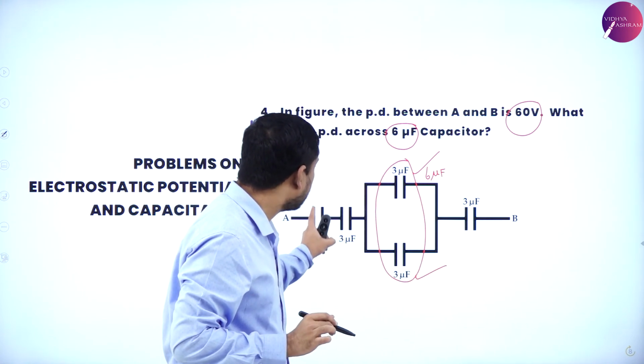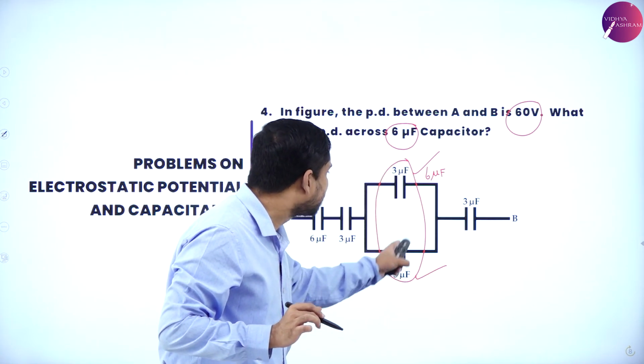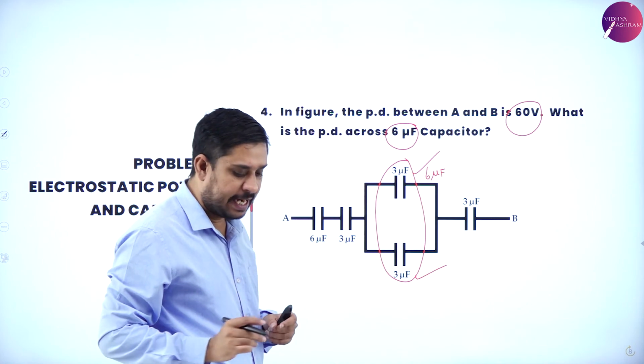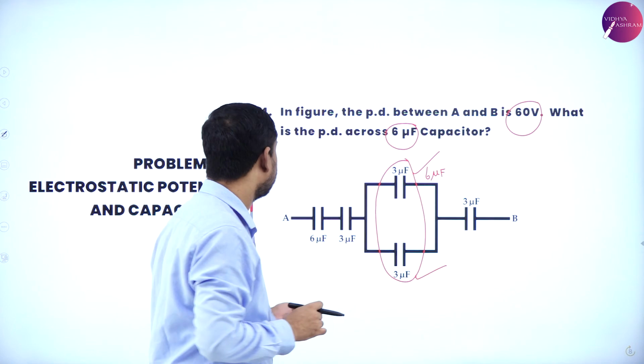So 6 microfarad, 3 microfarad, 6 microfarad and 3 microfarad are in series.